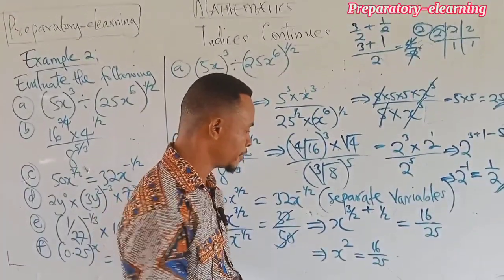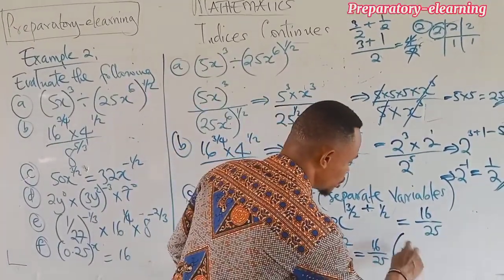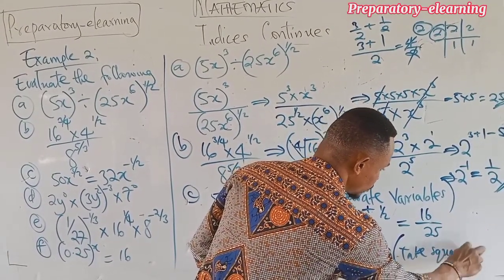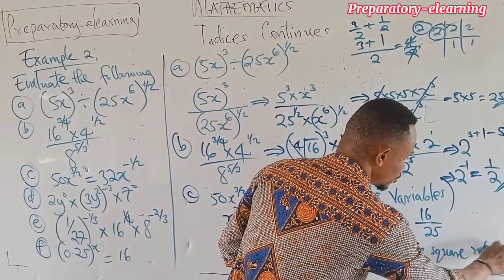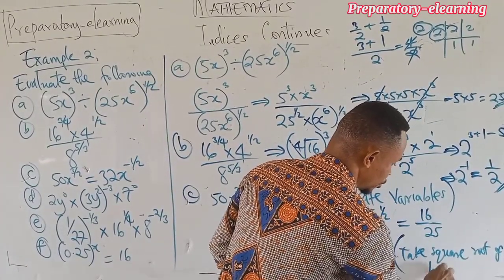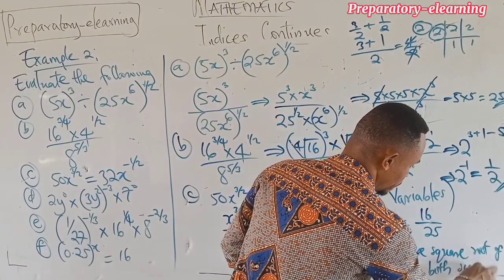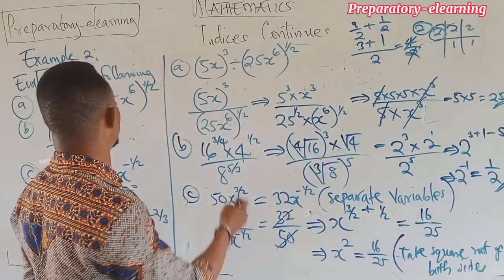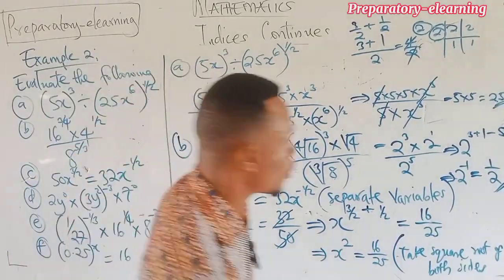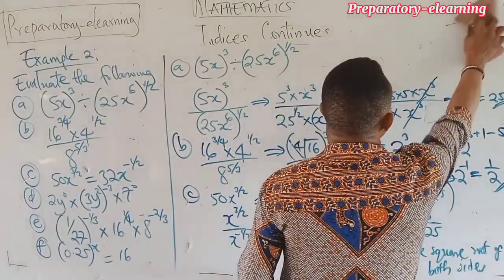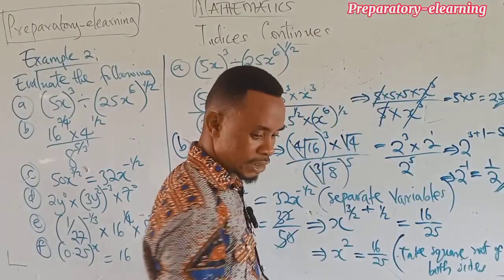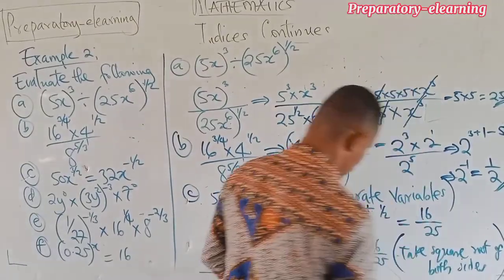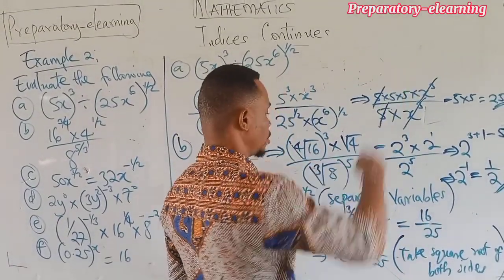So what do we do there? You say take square root of both sides. If you are to move it up to where we have space, let's take that solution and complete it up there.